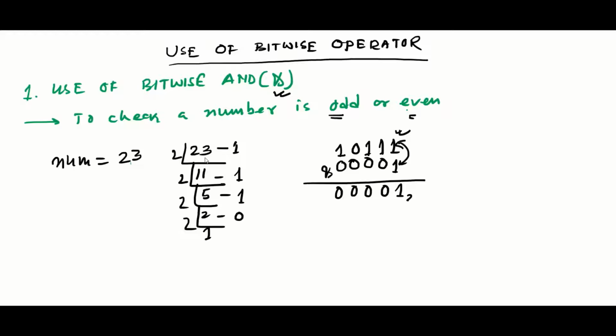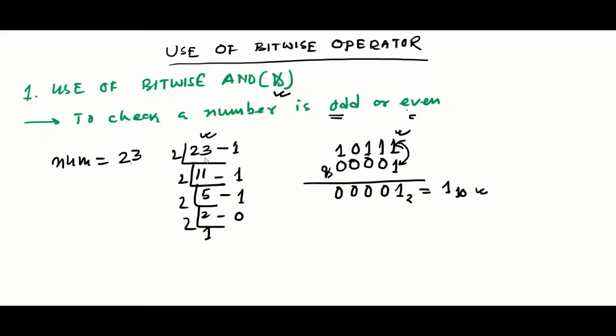This is the binary, and this is the same number in decimal. So you can see that if the number is odd, the bitwise AND operation with 1 gives 1 as the answer. You can try with other odd numbers as well.